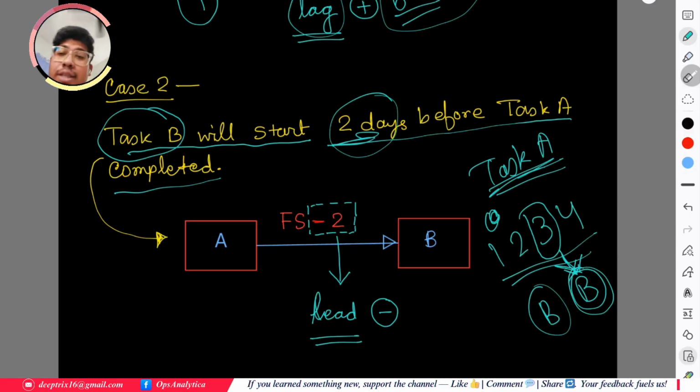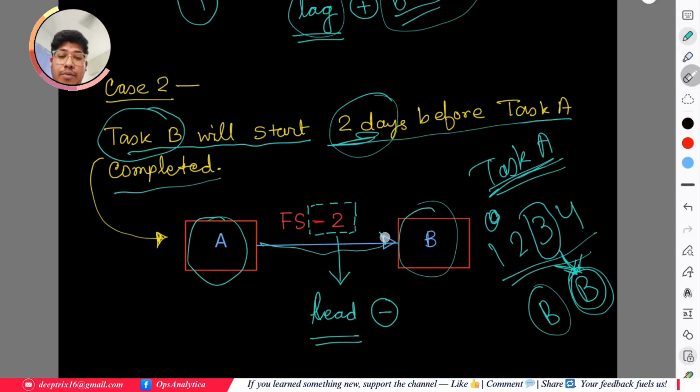Now how will we tell this particular thing to Microsoft Project? We say task A, then task B, we are giving a finish to start relation, then minus 2.